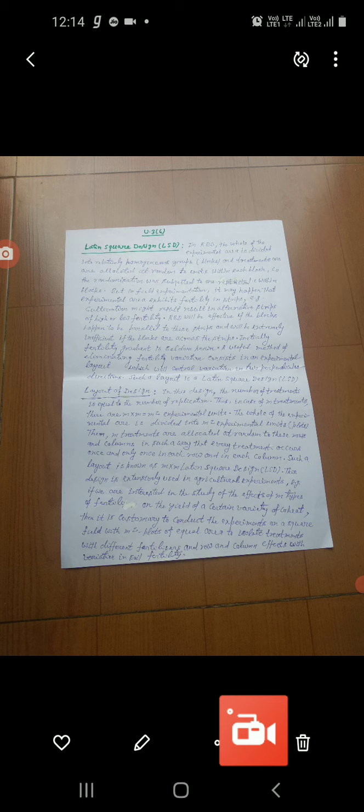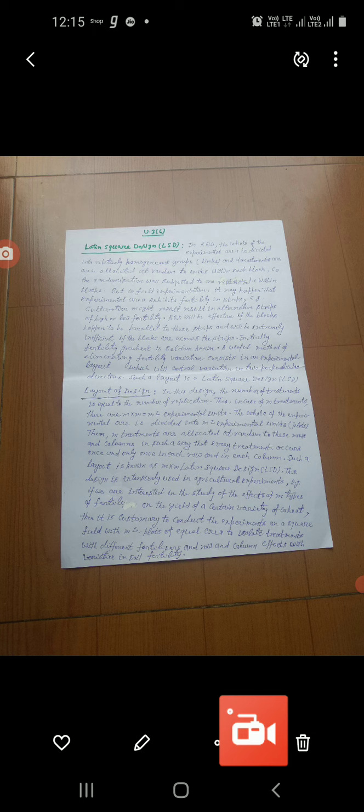It means you have to divide the whole experimental area into m square experimental units. Suppose you have 5 treatments, then 5 into 5, that is 25 units will be there. You divide the whole experimental area into 25 plots.